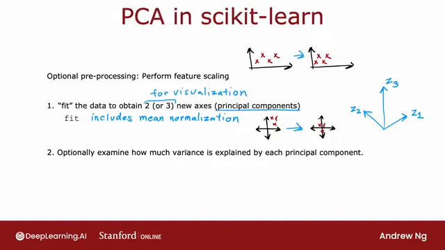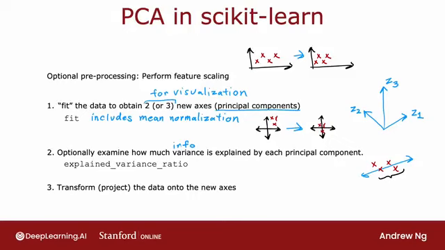I'll show a concrete example of what this means on the next slide, but this lets you get a sense of whether or not projecting the data onto these axes helps you to retain most of the variability or most of the information in the original dataset. And this is done using the explained variance ratio function. And then finally, you can transform, meaning just project the data onto the new axes, onto the new principal components, which you would do with the transform method. And then for each training example, you would just have 2 or 3 numbers. You can then plot those 2 or 3 numbers to visualize your data.